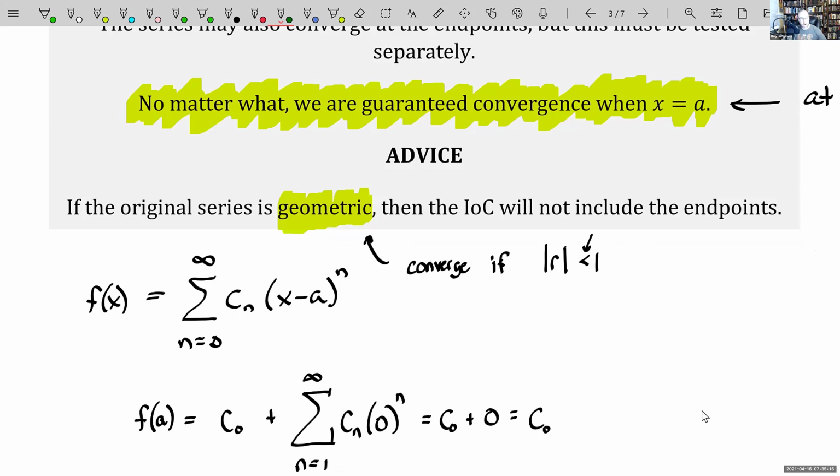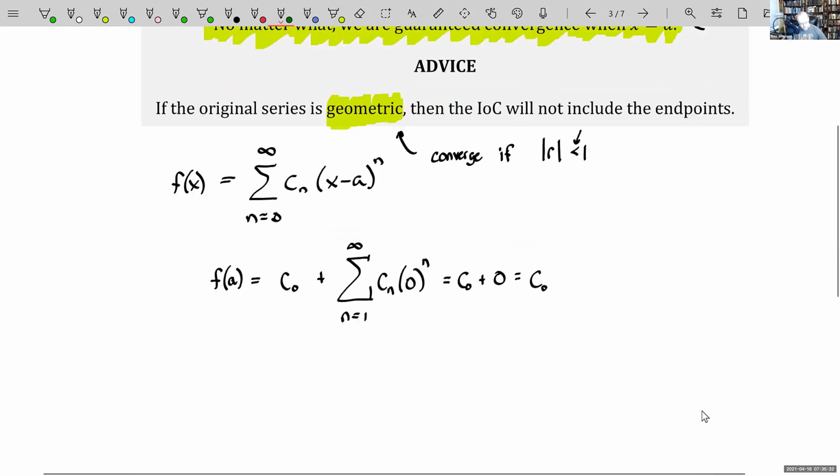It's very, very rare that your original power series is geometric. So that's just a heads up that it's likely not the case that you're going to be handed a geometric power series. I just want to drive that point home.